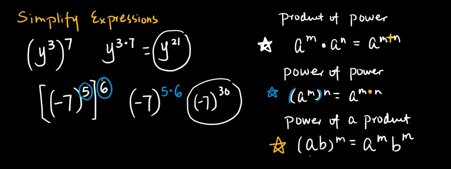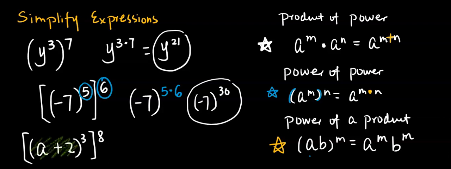That's it. Okay, let me give you one more interesting practice. I have a number, let's call it a, plus 2, in parentheses. We're going to give it the third power. Outside, let's give it another power. Let's say 8th power. It looks a little bit different, but don't worry. Remember, this is your base.